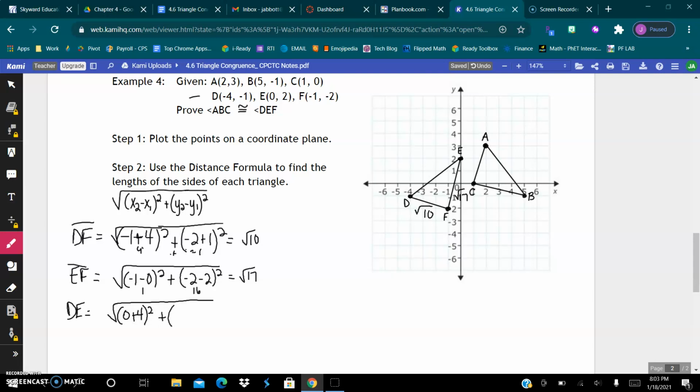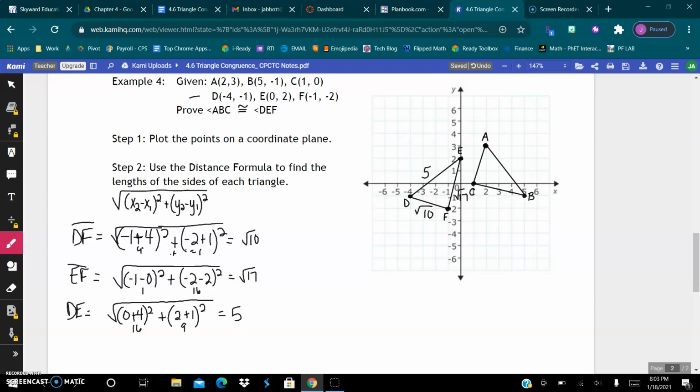And y out of the second is 2 minus y out of the first is a -1, so that's going to turn into a +1. 4 squared is 16, and 3 squared would give us 9. 16 plus 9 is 25, and square root of 25 is going to give us 5. So that is a 5 there.